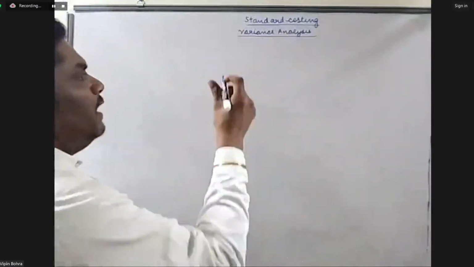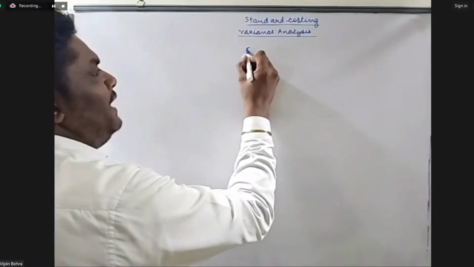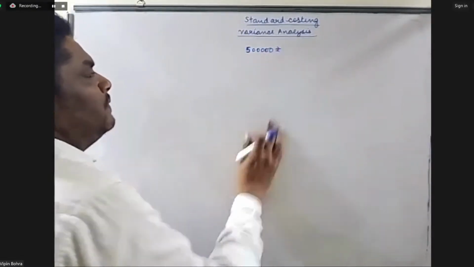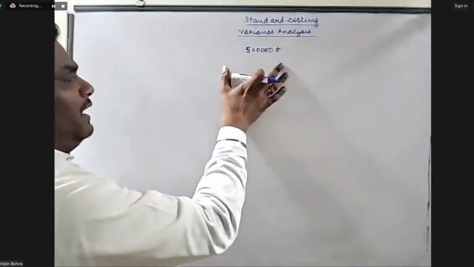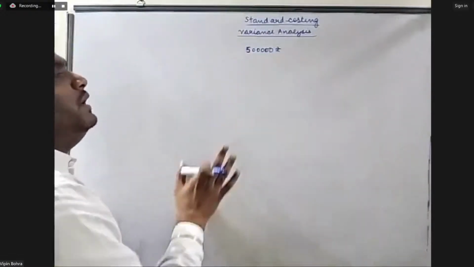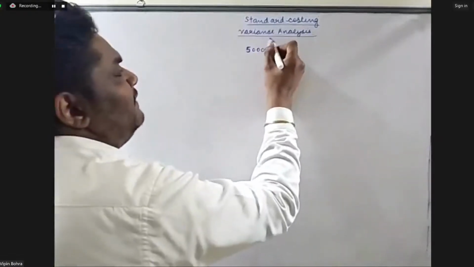So now, let's say I'm the owner of a company and, according to the resources provided, I targeted a profit of 5 lakh rupees at the year. I provide enough man, machinery, material, everything, and resources, and accordingly I set up a target that at least I should earn a profit of 5 lakh.